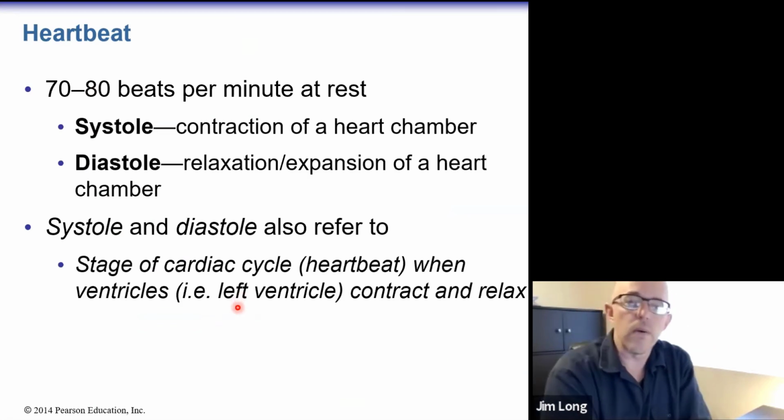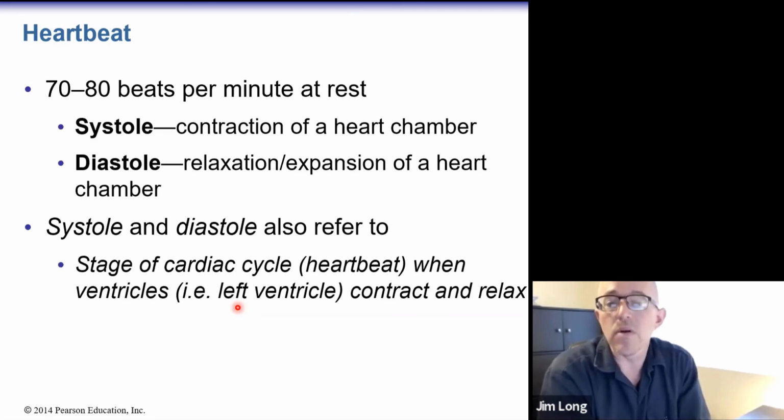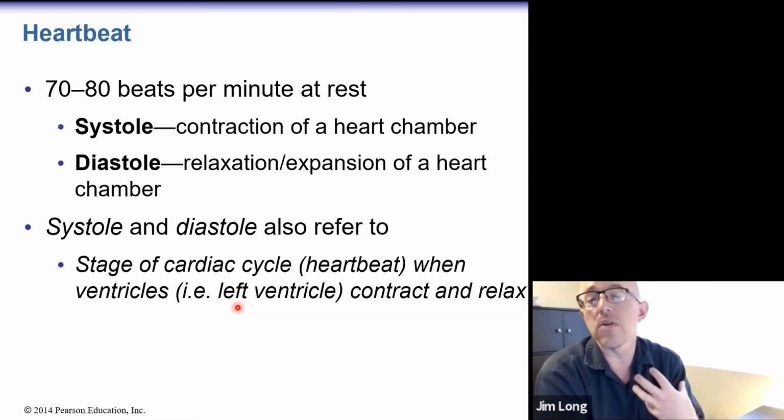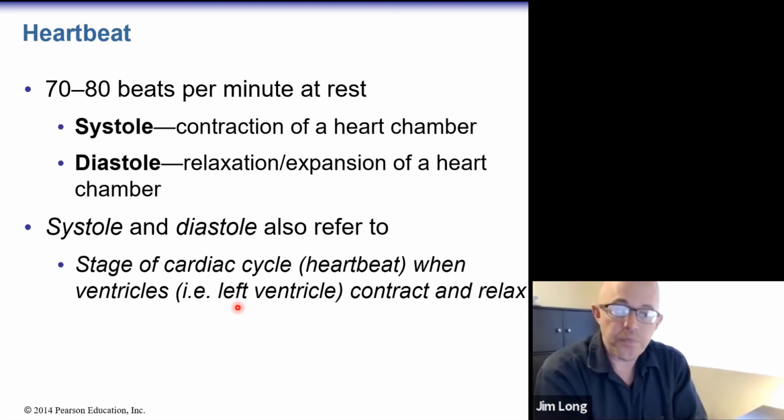Okay, so I was just mentioning the heart rate. The heart beats between 70 and 80 times a minute when you're at rest, more when you're active, and we need to deliver more oxygen and nutrients to tissues. I've been using the terms systole and diastole a little bit in the lecture up until this point.